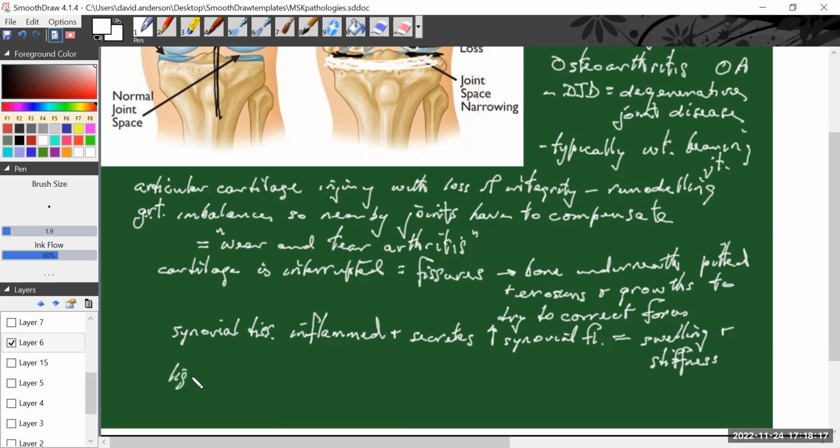So the ligaments thicken, and part of that's because they're being stretched constantly, so they respond to that constant stress, just like the heart did with hypertrophy. But the ligaments are going to thicken, and they lose elasticity. So again, another effect on range of motion at the joint.